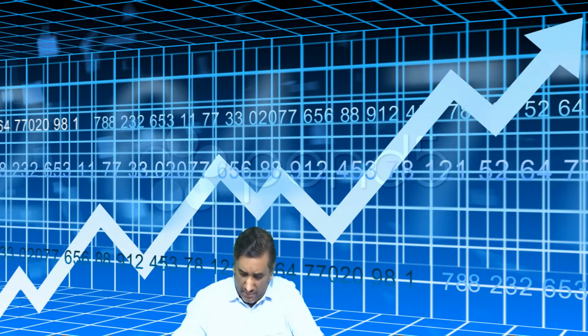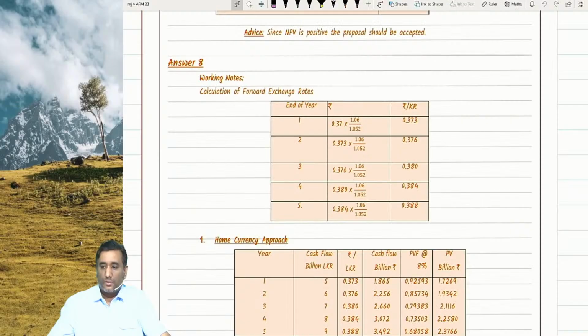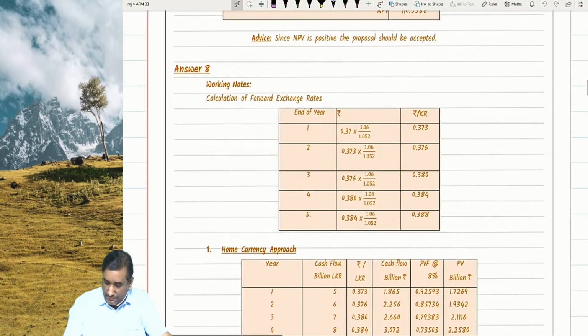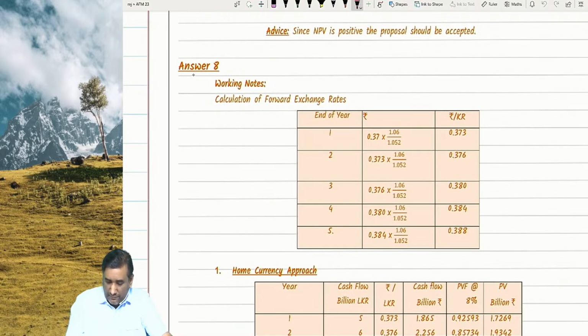This was question number 8, no? I have the sheet. Look at this question number 8.